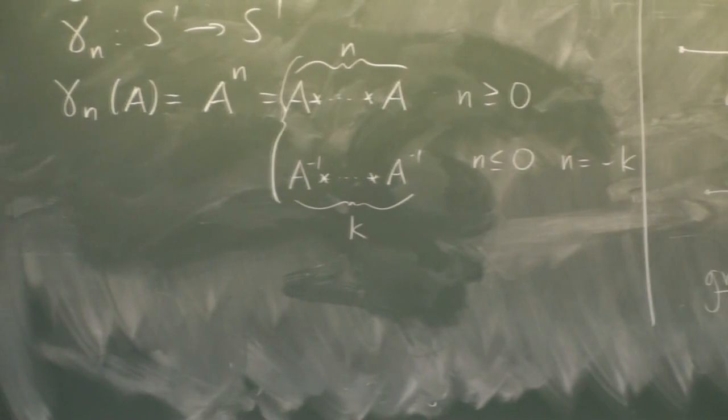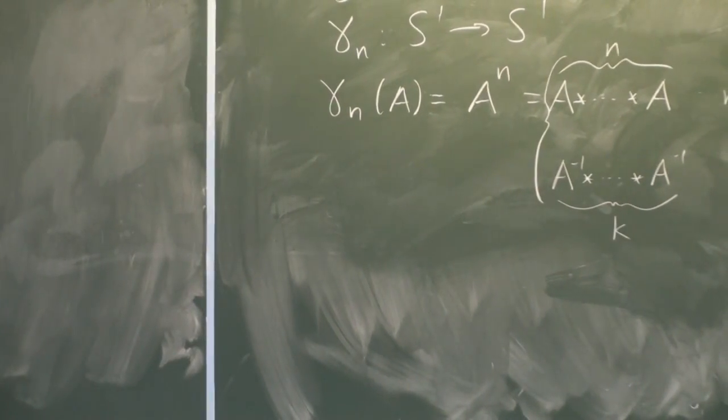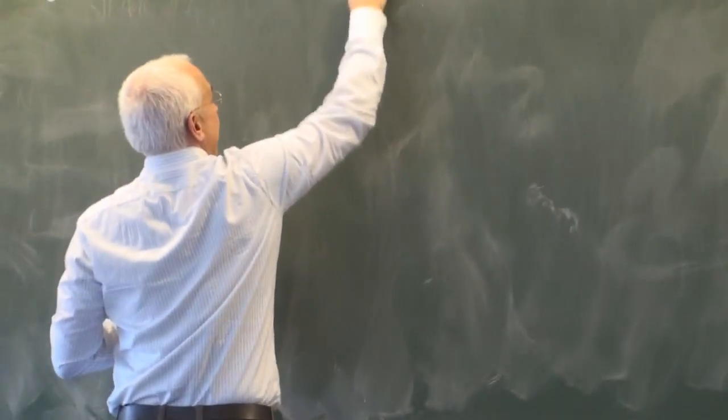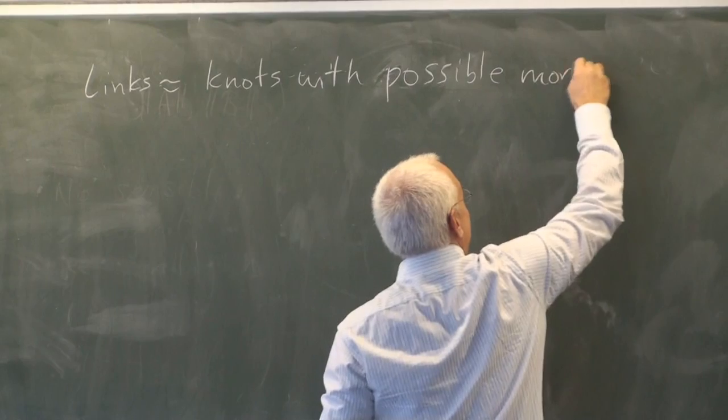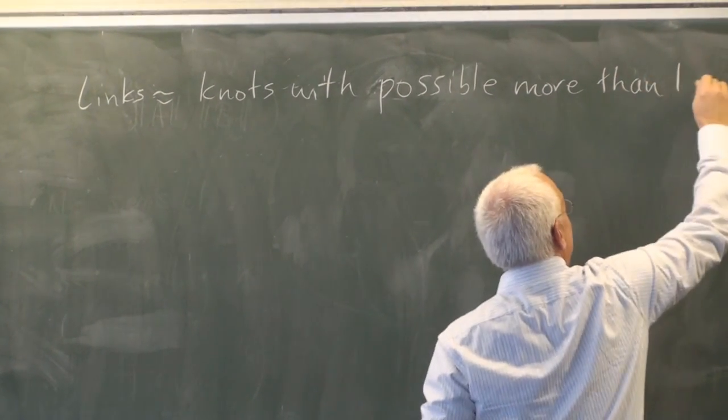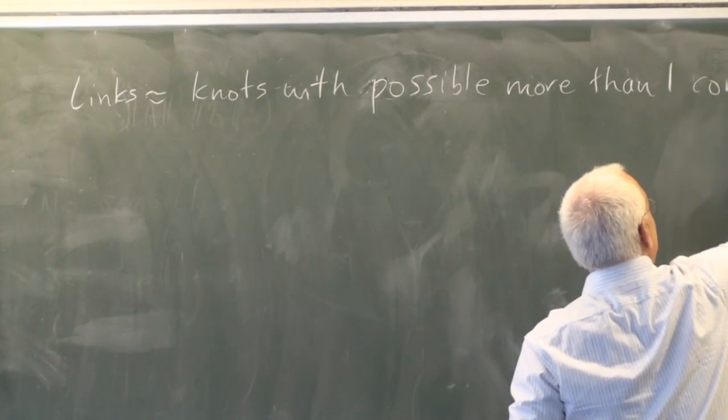So links are roughly knots with possibly more than one component.